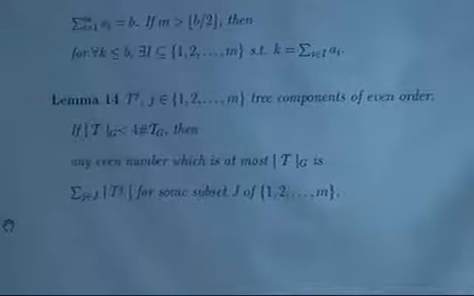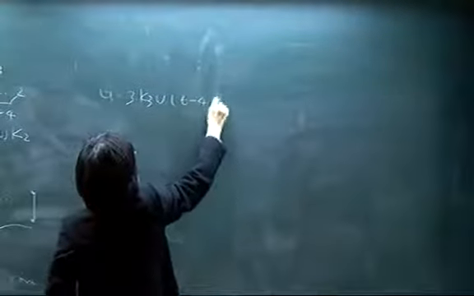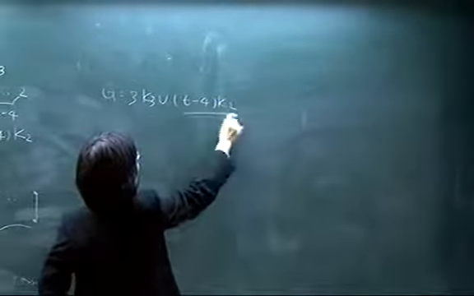Can you show some examples? Maybe strange notation. So if G is like this: K3, T minus 4 copies of K2. Okay, these are tree components.